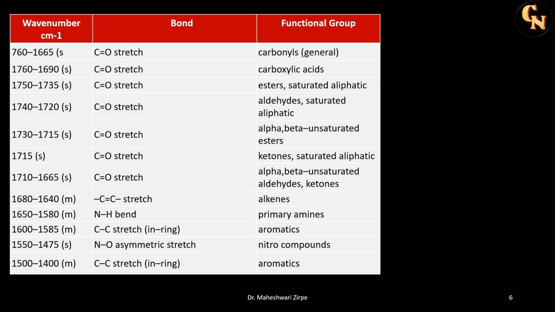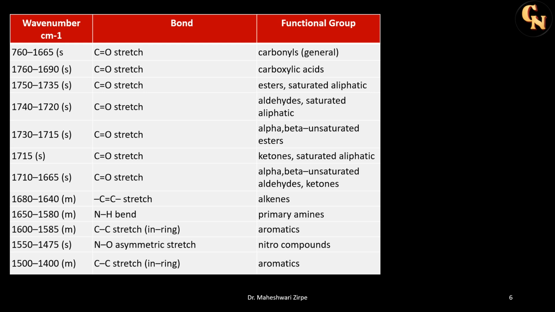It is because of carboxylic acid. Then 1750 to 1735, again this stretching is for esters and saturated aliphatic aldehydes. Then 1740 to 1720, aldehydes and saturated aliphatic rings.